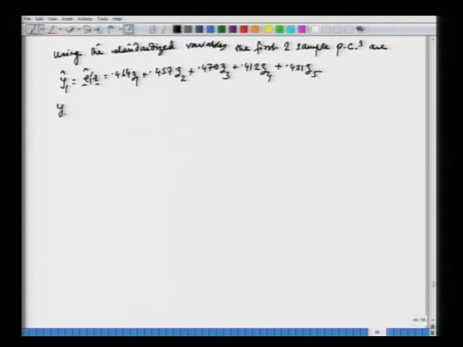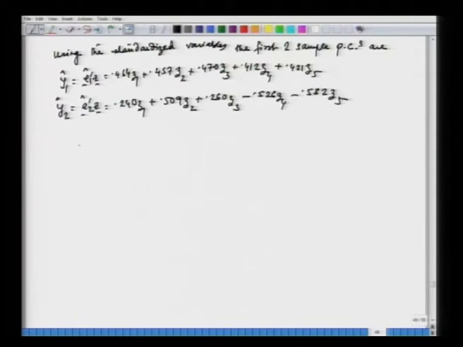And the second one, y2 hat, from using the second eigenvector, E2 hat transpose Z, gives me 0.240 Z1 plus 0.509 Z2 plus 0.260 Z3 minus 0.526 Z4 minus 0.582 Z5.